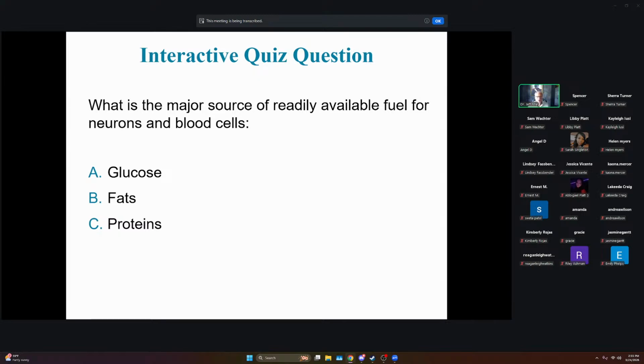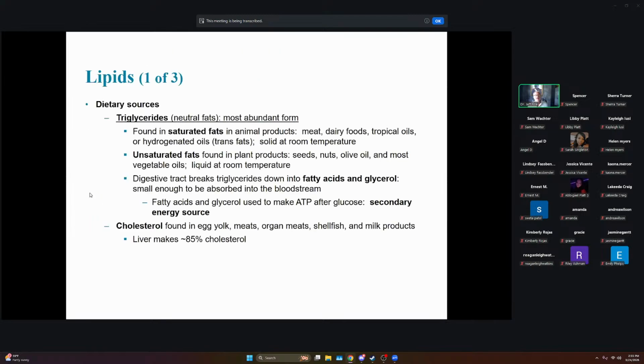All right, let's continue. Let's progress into lipids. And we won't take as much time with these because, like I said, we spent a lot of time on carbs when I talked about the different foundational levels of where our body and where our cells reach for fuel sources, okay? So triglycerides, we talked about that, right? As fats.